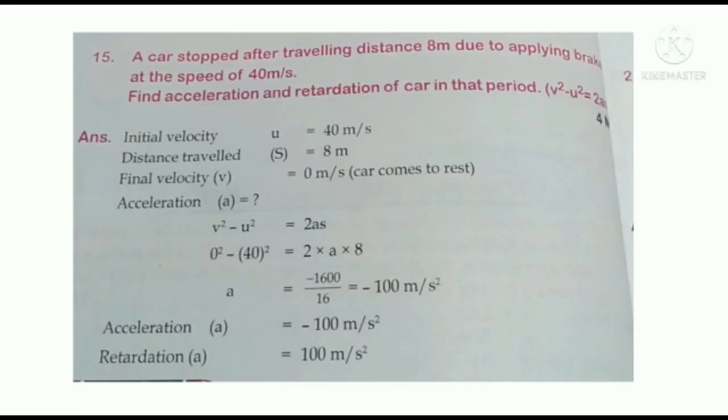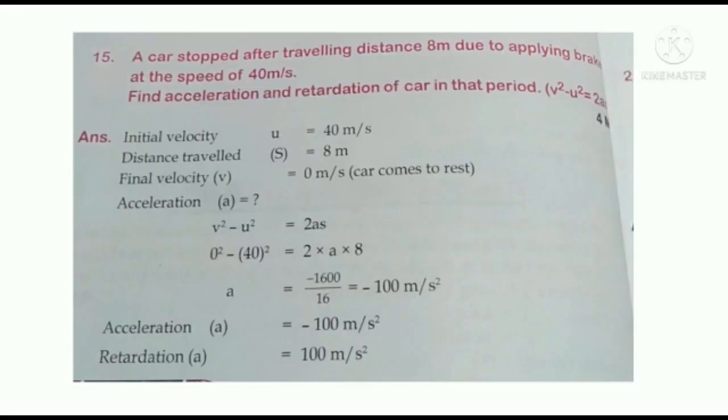What is retardation? The negative of acceleration is called retardation. Here acceleration means minus 100 meter per second square. So retardation is equal to minus of acceleration, that is minus of minus 100 meter per second square.